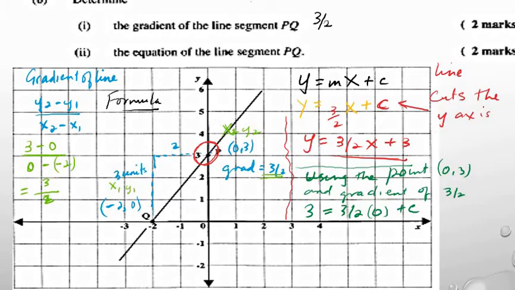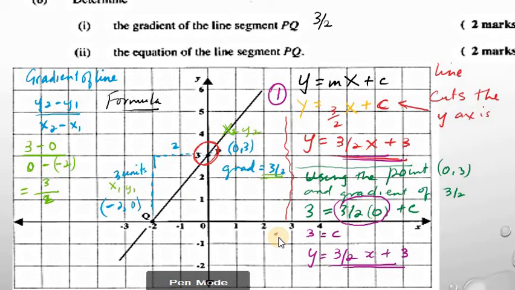This portion, 3 on 2 multiplied by 0, would be 0. So we get 3 is equal to c. So c is equal to 3. The equation is y is equal to mx plus 3, the same equation as above. So those are two methods that were used to find this: method 1, method 2.